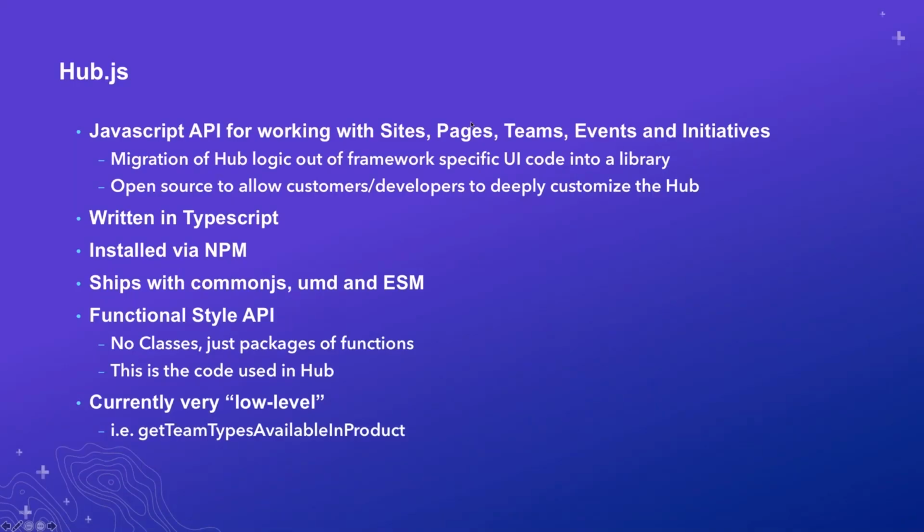So with that, let's talk about the core package or core library called Hub.js. As I said, this is your JavaScript API for creating, maintaining, and managing sites, pages, teams, events, initiatives, etc. Really what we've been doing over the last year is migrating the logic out of the Hub user interface, which is built in Ember.js.